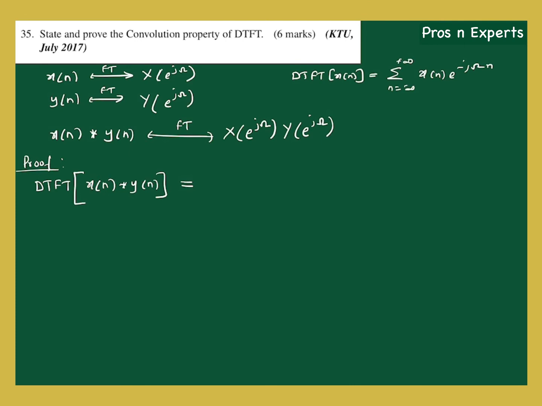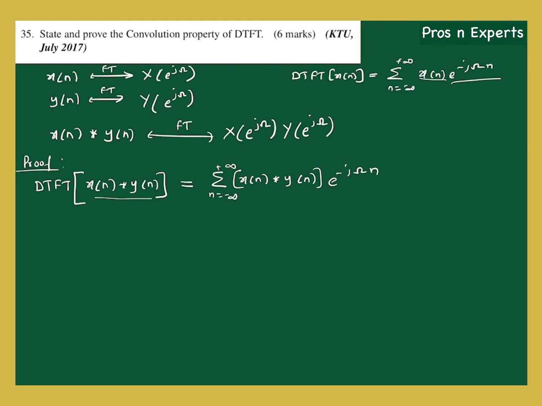So the result is sigma n equal to minus infinity to plus infinity, x of n convolution y of n into e raised to minus j omega n as per definition.